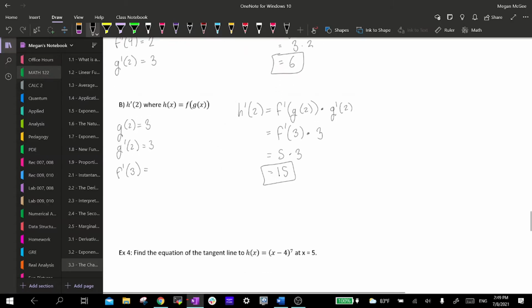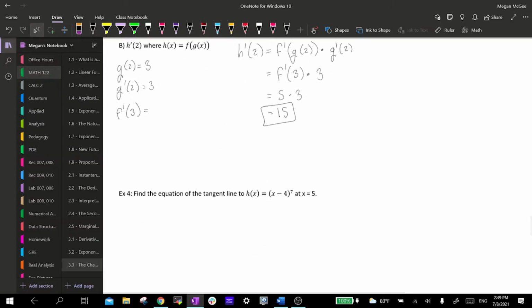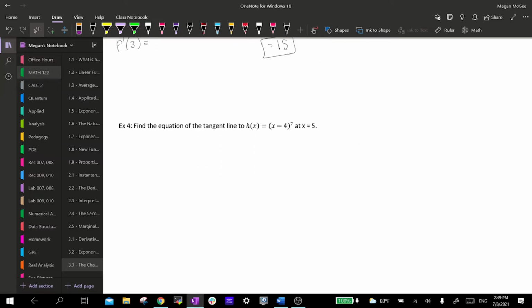Okay. Of course, we need to do a problem that involves finding the equation of a tangent line, right? So, x minus 4 all to the 7th at x is equal to 5. So remember, we need to find the derivative, evaluate it at the point. Then we need to find our y value and plug our point and our slope into our equation for a line.